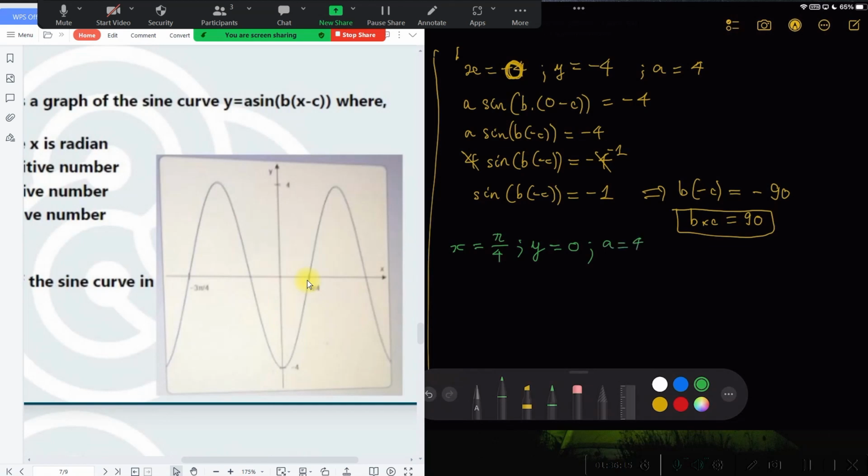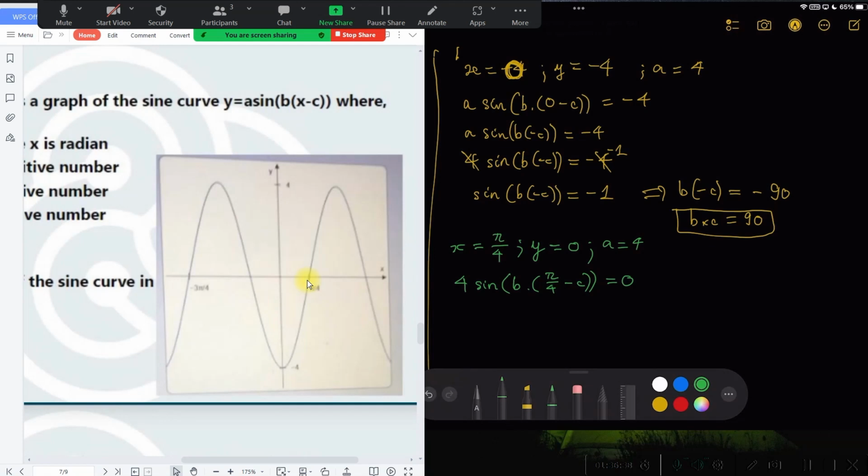Okay. So for sine b times x, it's pi divided by 4 minus c, and this whole thing is actually equal to 0. Nguyên cái đống này nó bằng 0.